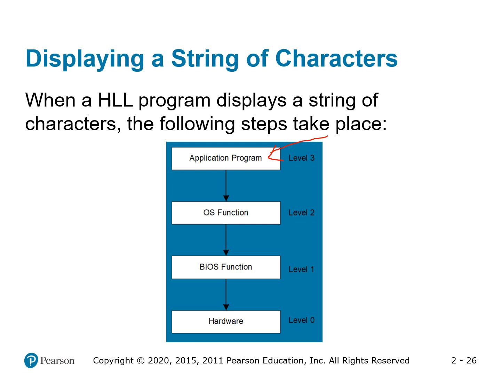There's a statement in the application program which calls the high-level language library function that writes the string to the standard output, meaning the console, the screen. The library function, which is level 3, calls an operating system function, passing it a string pointer.